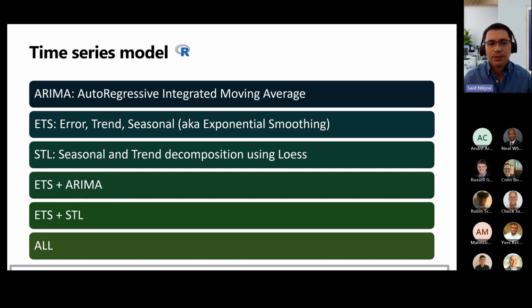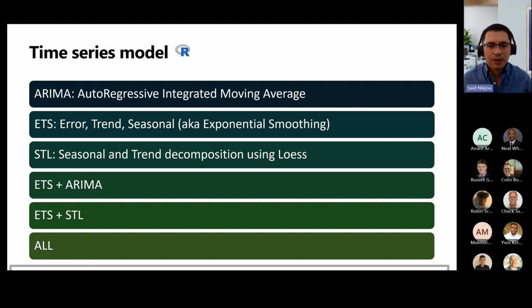Let's deep dive into the time series machine learning models that we can use in D365. As I mentioned, time series forecast refers to a model that uses historical demand values to predict the future demand. In D365, we can use different time series models like ARIMA, ETS, STL, or a combination of models like ETS plus ARIMA or ETS plus STL to generate the forecast.